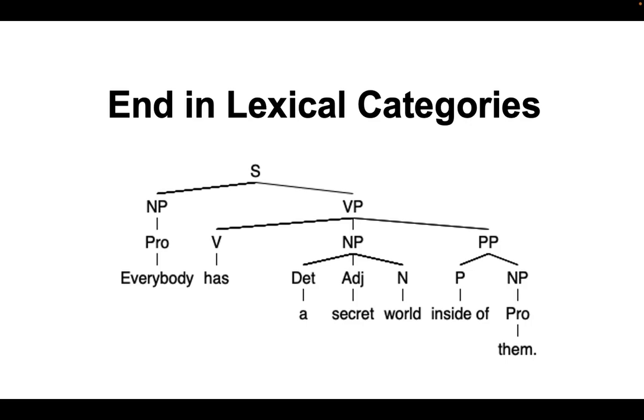And so, for example, above the word everybody, we have PRO. Above the word has, we have V, and so on. And so now we have a complete syntax tree showing all of the lexical categories and grammatical constituents of the sentence, everybody has a secret world inside of them.